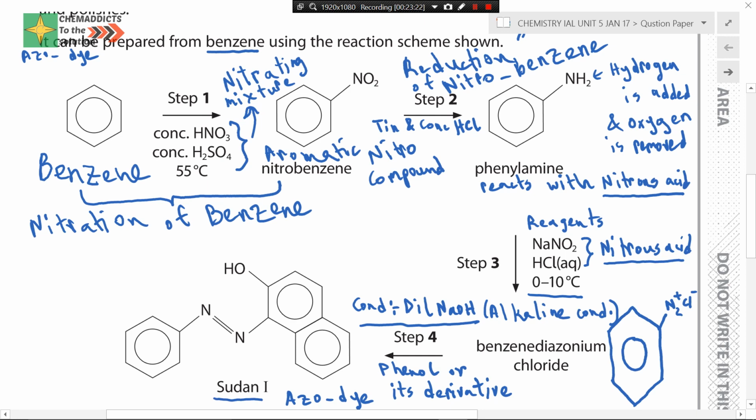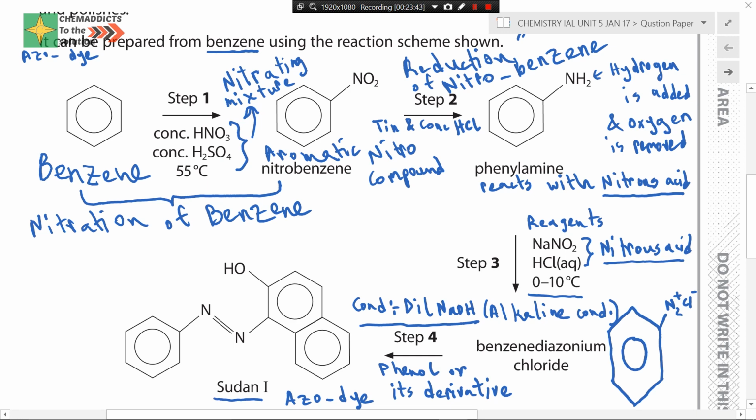For that we need to carry out reduction of nitrobenzene. If we reduce nitrobenzene, we get phenylamine. The reagents are tin and concentrated HCl.